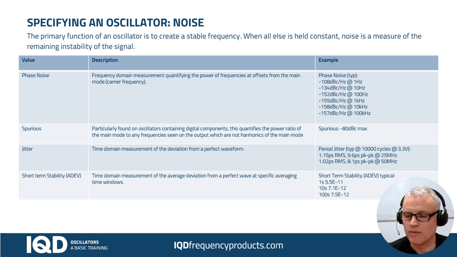So Allan deviation is a log-log method, and so we'll come up with figures that say something like at 1 second it might have an Allan deviation of 5.5 to the minus 11, at 10 seconds it might have 7.1 to the minus 12, and so on. There are many ways to measure noise for an oscillator, but that's just a summary of them.